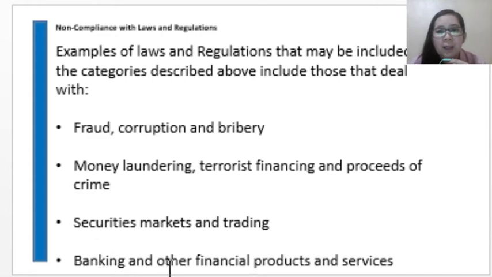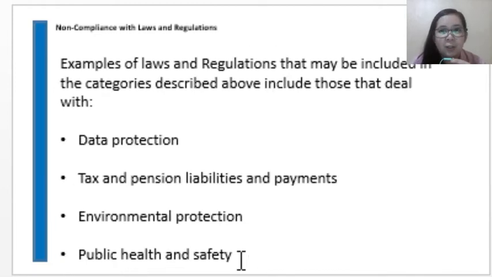Another is banking and other financial products and services. Okay, so in this case, most of the time, since it deals with the misappropriation of assets, they may engage in banking and other financial products and services to conceal such fraudulent activities or actions.